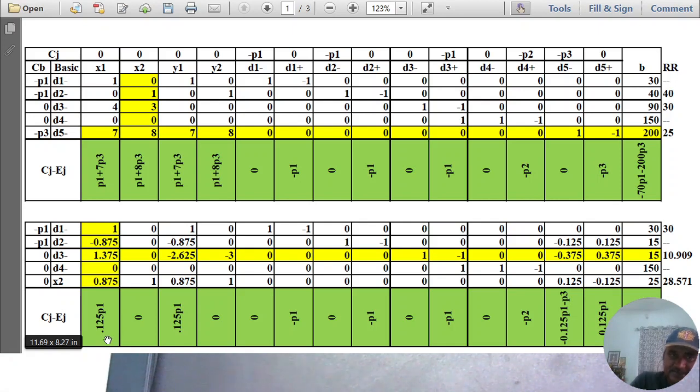If P1 has a negative coefficient and P2 has a positive coefficient, then that particular variable won't be the entering variable.